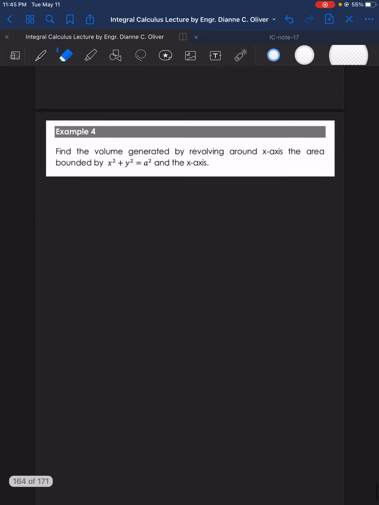Let's go to number 4. Find the volume generated by revolving around the x-axis the area bounded by x squared plus y squared equals a squared, and the x-axis. So again, let's sketch the curve. This is y, x.